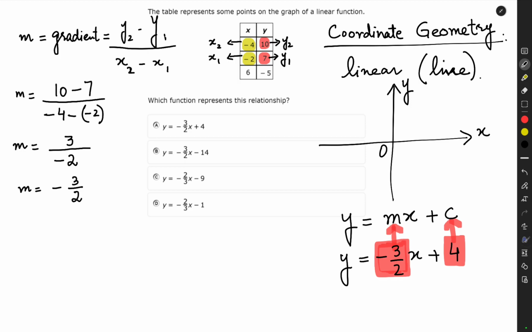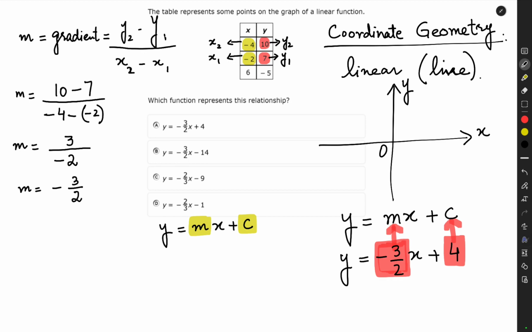Now if I want to write the linear function, it has to be in this format: y is equal to mx plus c. From this format, I just found the value of m. That means I can replace it here. And the second thing I need is the value of c. I don't need x and y because x and y are already written.